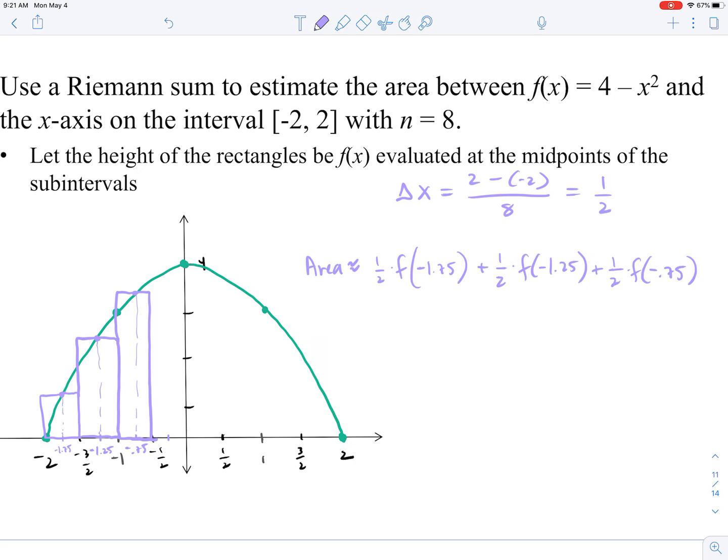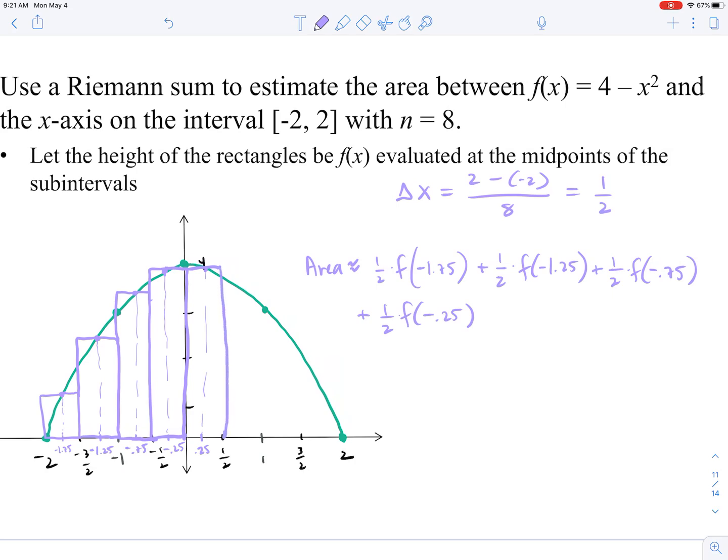So the area of our third rectangle is going to be 1/2 times f of -0.75. And halfway between -1/2 and 0 is -0.25. So the area of our fourth rectangle would be 1/2 times f of -0.25.